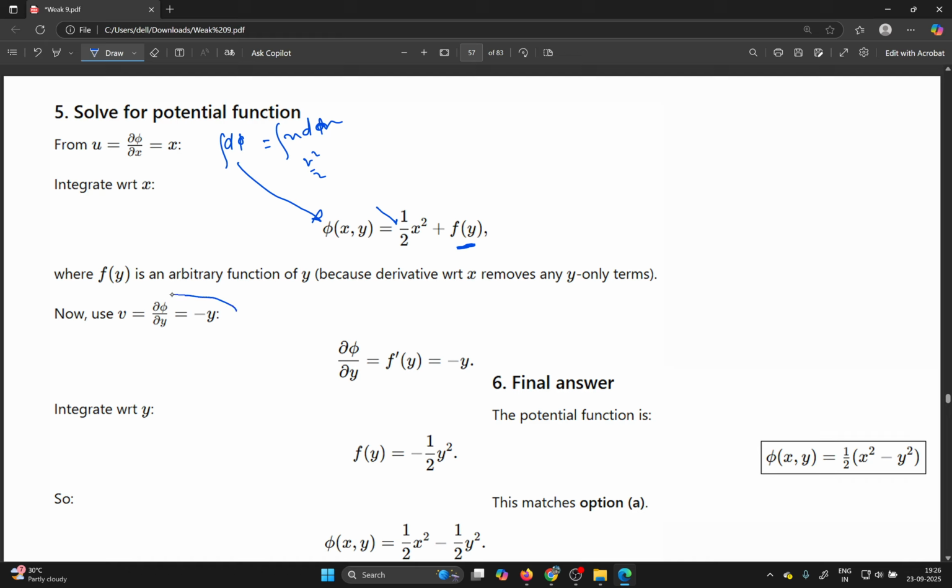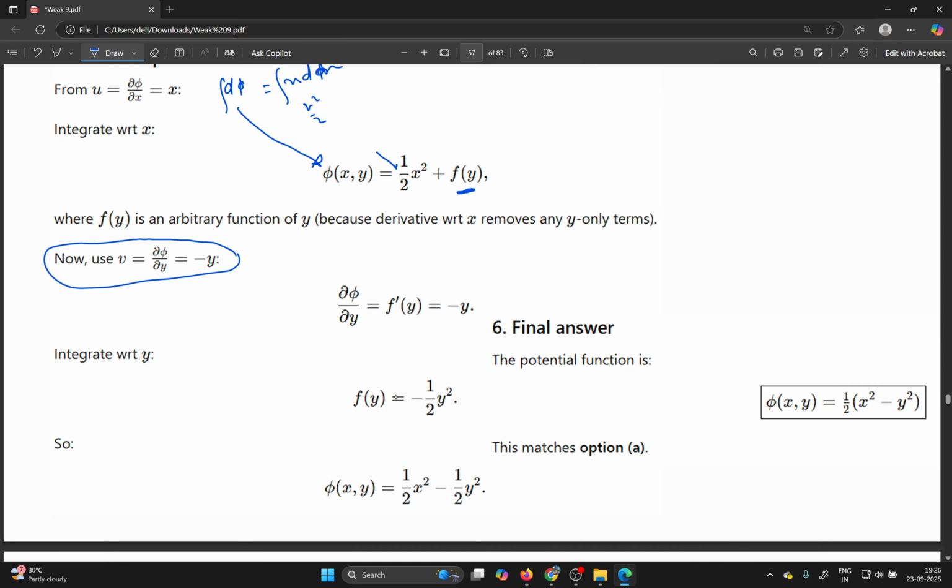And similarly you differentiate this one. If you differentiate, then what will you get? So f prime of y is equal to, because you have these things, del phi by del y is equal to minus y. So you have del phi, and this is differentiation, you already know. If you integrate these things, then what will you get?